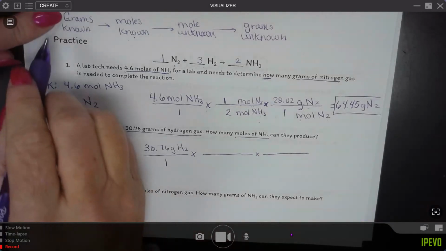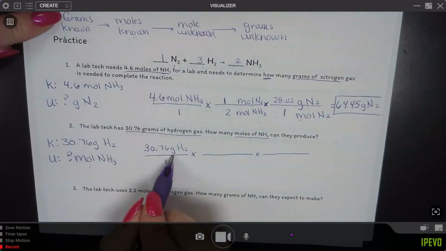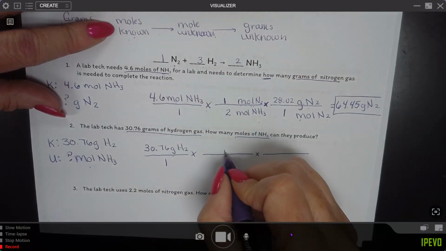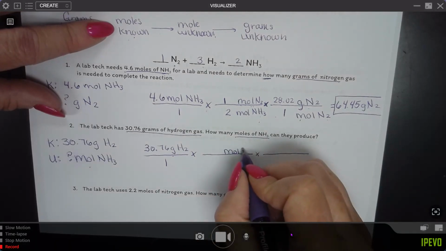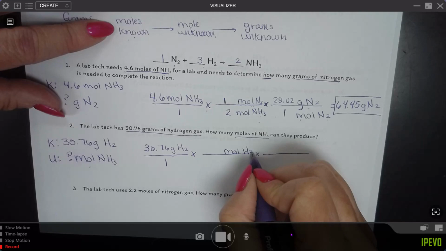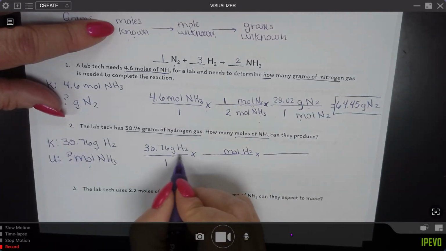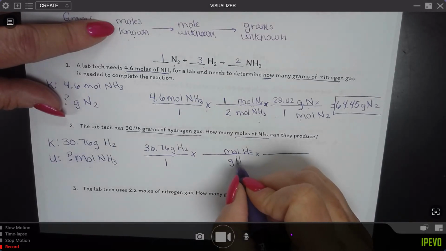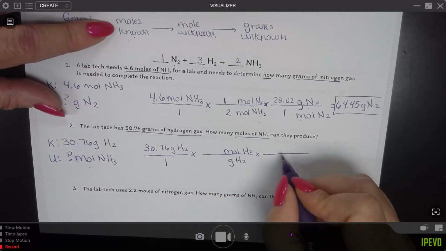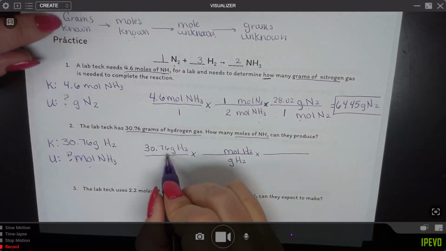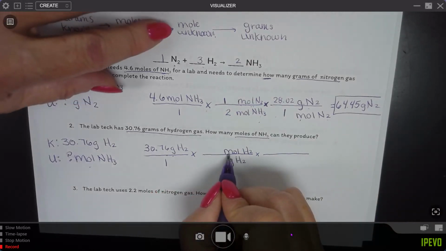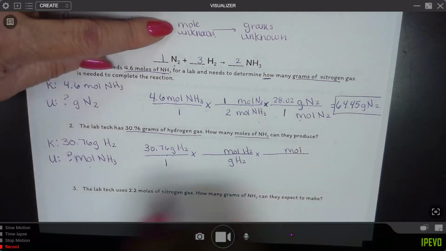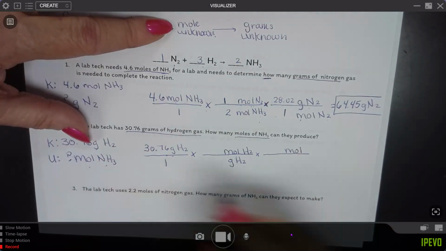Okay, so I'm starting with grams of known, so grams of hydrogen. Then I want to convert to moles of known, so that's going to go moles of H2 is going to go here. All right, and then I'm going to bring these units down in diagonal, so grams of H2 here. All right, the next step, so I've gone from grams to moles. Now I need to go to moles of unknown. So that's going to be moles of, in this case, NH3.